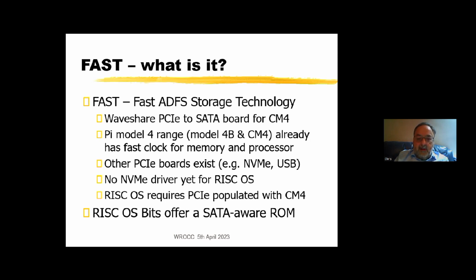And I've said that RISC OS requires the PCI Express board to be populated, otherwise it won't run on the Compute Module 4. Since the 1st of February, RISC OS will see the eMMC memory on the Compute Module 4 boards that have it. But if you have a Compute Module 4 Lite, that uses an SD card, so it appears quite normally.